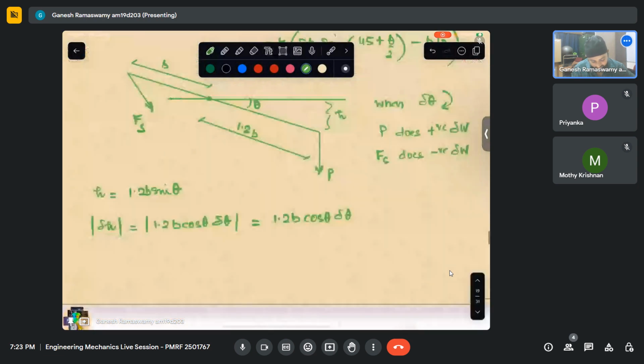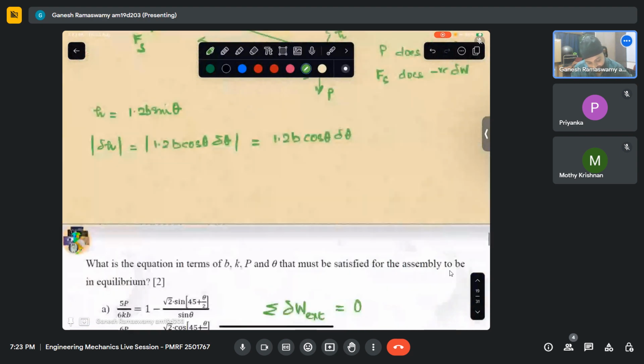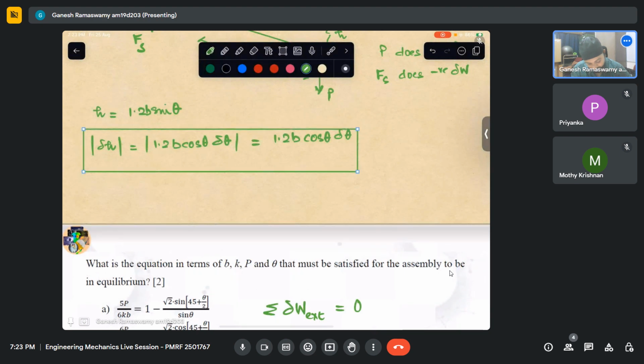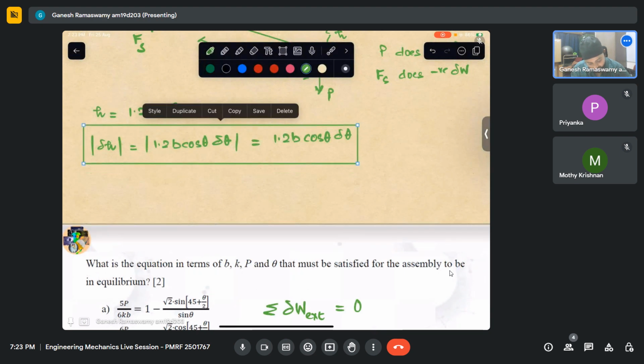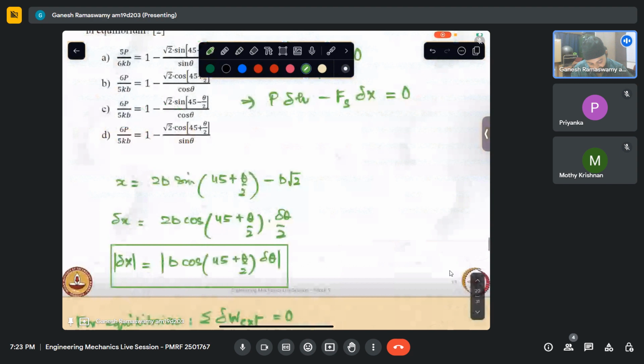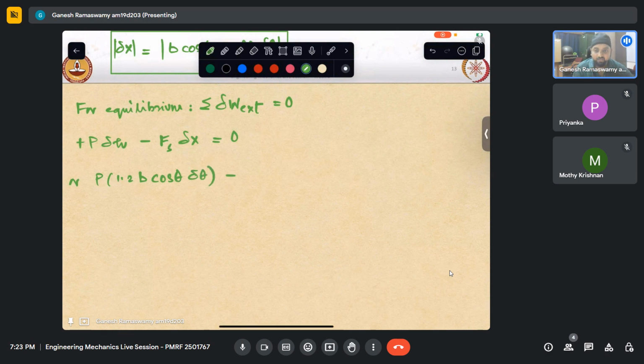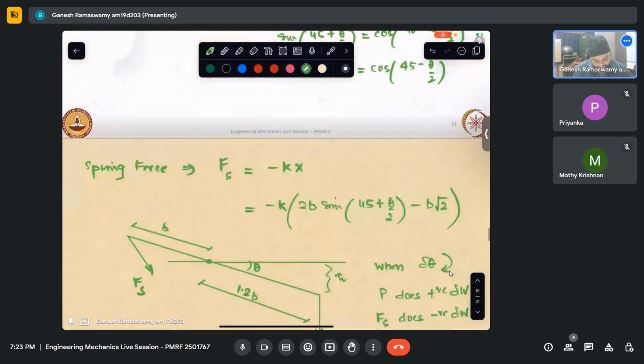We found out that delta H was 1.2 b cos theta delta theta. So let us write that: 1.2 P b cos theta delta theta minus, what is the expression for Fs? We have this to be the expression for Fs.